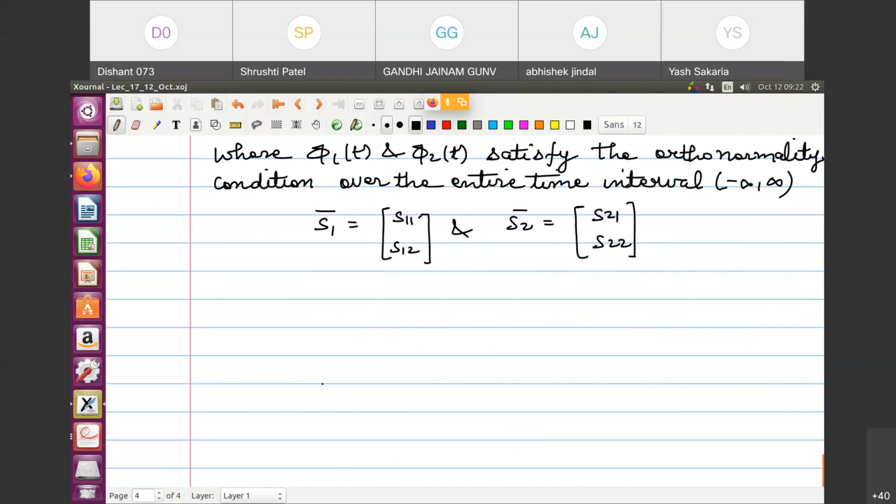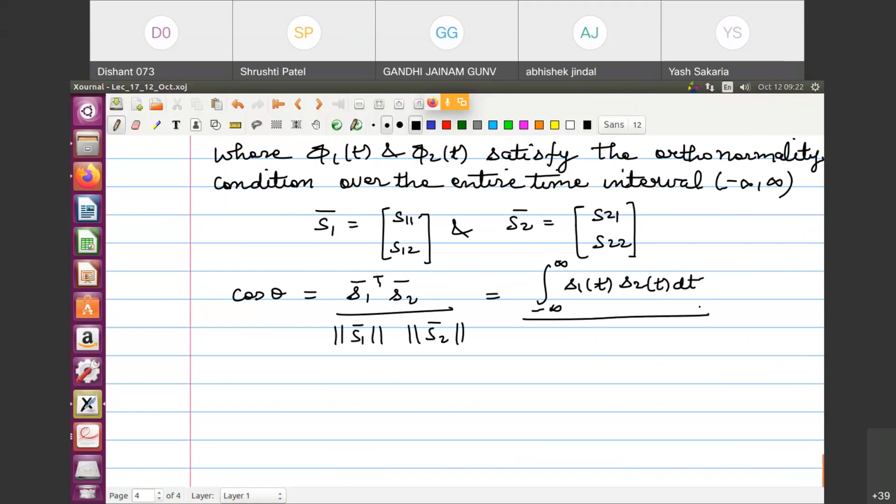Okay. So the cosine of the angle between them is nothing but S1 bar transpose S2 bar divided by the norm of S1 bar into the norm of S2 bar, which is equal to, now let us use the corresponding time domain representations, the integral from minus infinity to infinity of S1t into S2t dt, divided by the square root of the integral from minus infinity to infinity of S1 square t dt, under root.